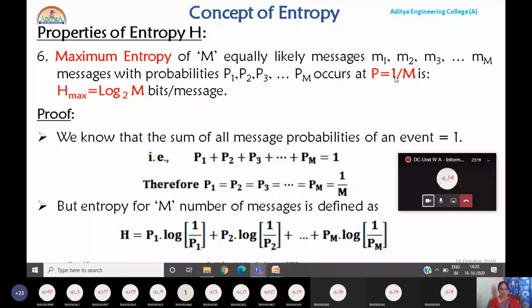For equally likely messages, first you should know what the condition is. All the probabilities of the individual messages are equal.